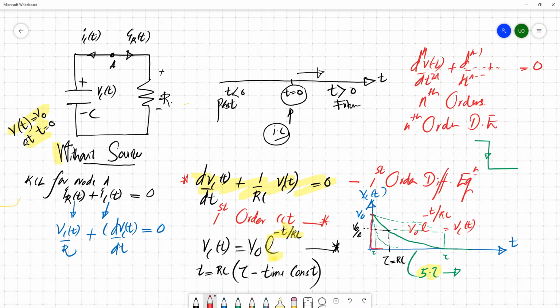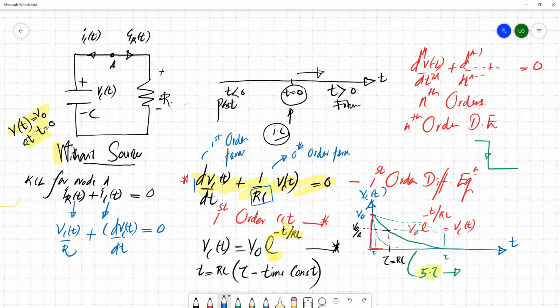Once we map this time constant to the equation, see this: the RC product appears in the first order term, and the coefficient of the first order term is basically 1.